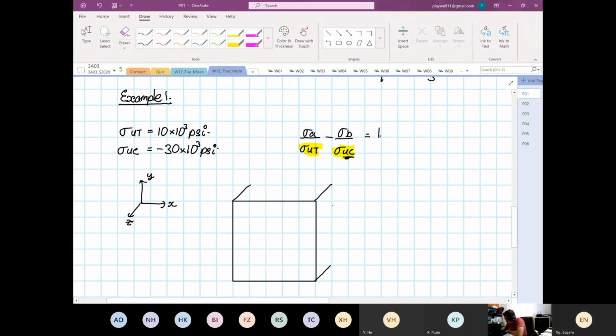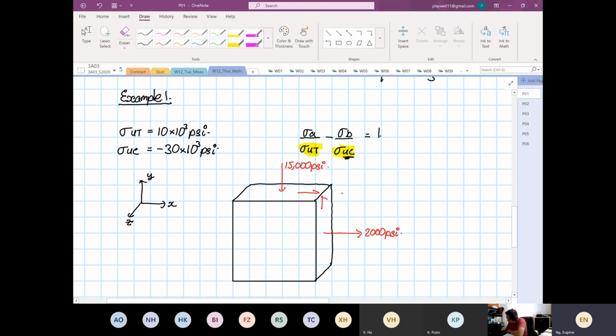In our element, the stresses acting are 2000 psi in tensile, then 15,000 psi in compression, and a positive shear configuration equal to 9,000 psi. So this is what is given.